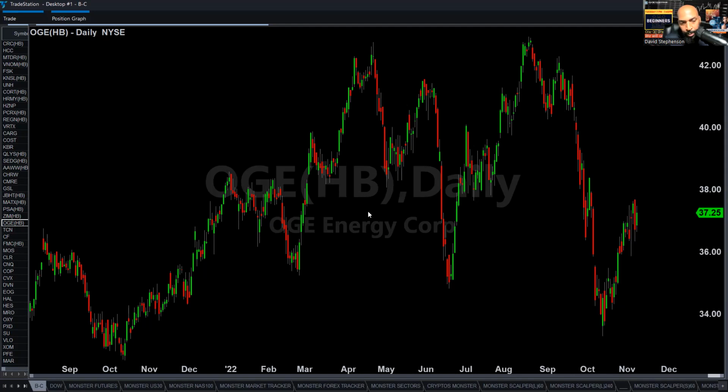So we want to have a specific trading window, and when we trade, we have specific windows where we're going to get in and get out.